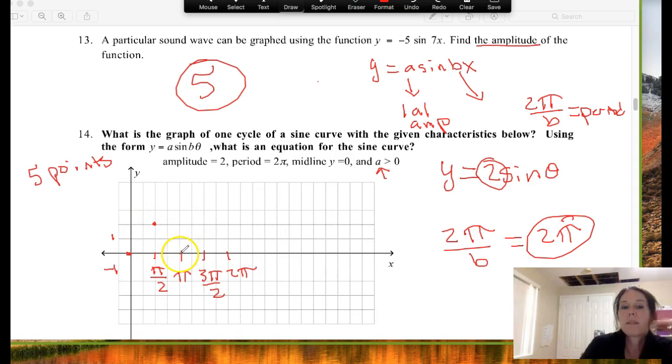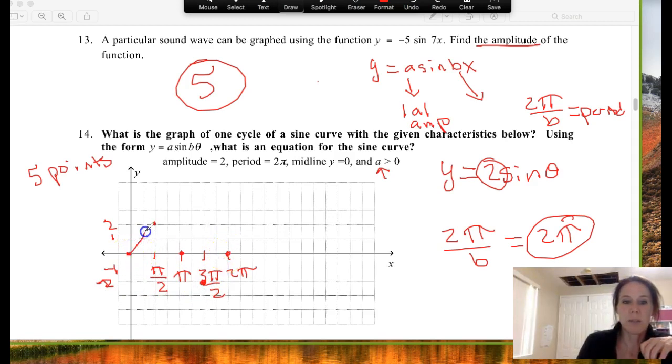At pi, the sine value is 0, and even if the amplitude is 2, it's still 0. At 3 pi over 2, it's negative 1, but instead I'm going to go down to negative 2. And then back at 2 pi, the sine value is back to 0.